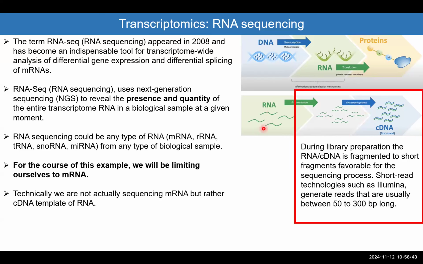So we first isolate the RNA, then either fragment the RNA or fragment the cDNA, depending on which protocol you are using. Both work. For Illumina, most of the time, and this is one of the companies that is very popular, it's between 50 to 300 base pairs in terms of the size.